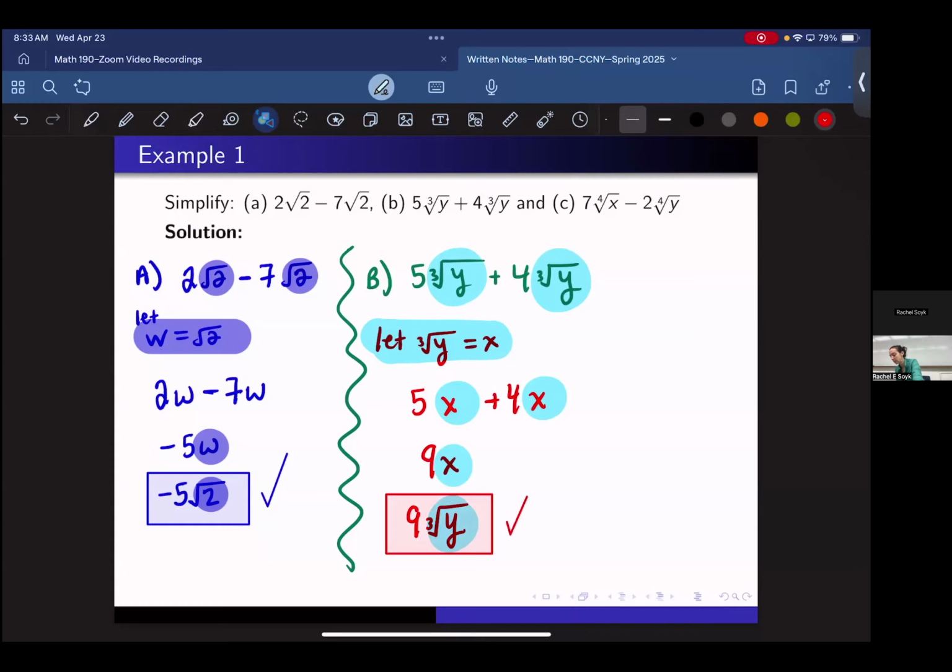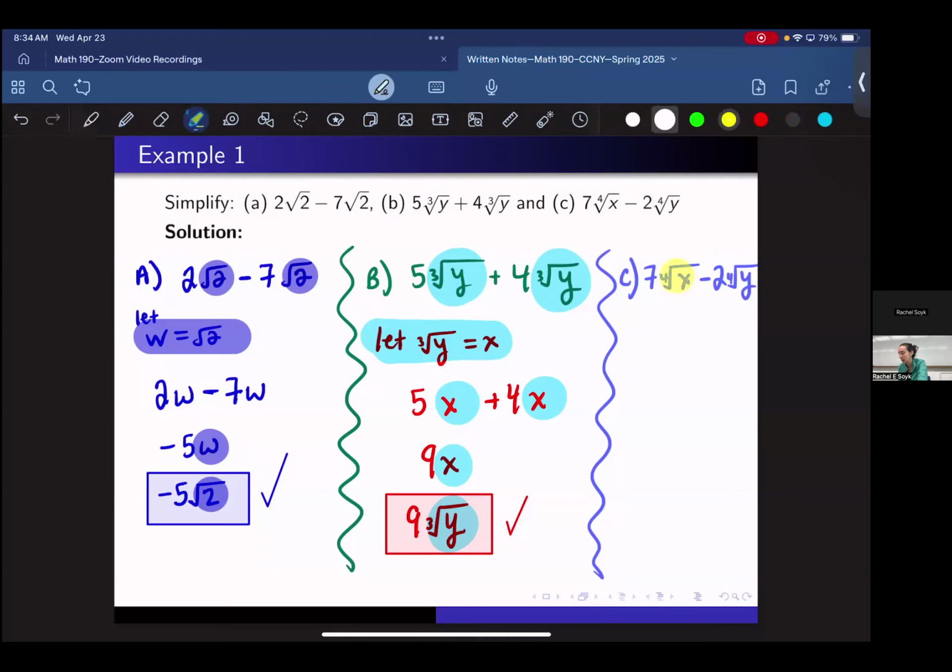Do one more example together. We have 7 times the fourth root of x minus 2 times the fourth root of y. The fourth root of x and the fourth root of y, are those like radicands? Are they kind of like terms?